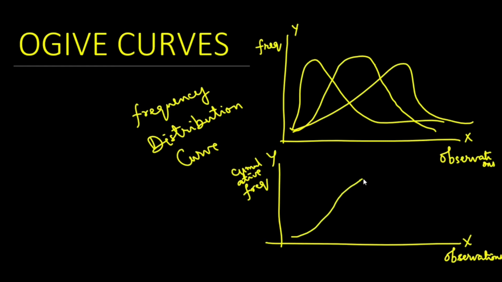The rate of increase initially is faster, and as it goes, the rate of increment decreases. So the curve looks like this.